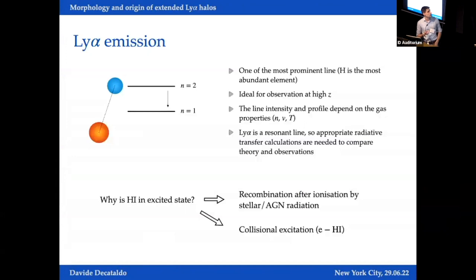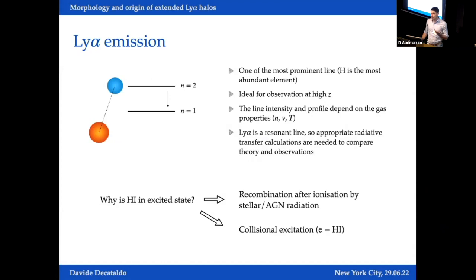Let's start with a very brief introduction about the basics. Lyman alpha is the line following the transition in hydrogen from the first excited level to the ground level. It's not a surprise that this line is very important, because hydrogen, of course, is the most abundant element.